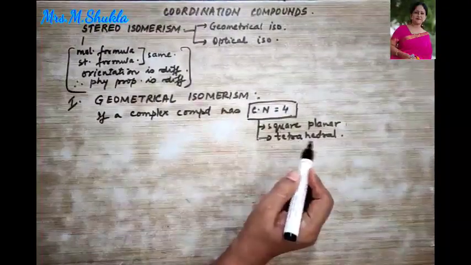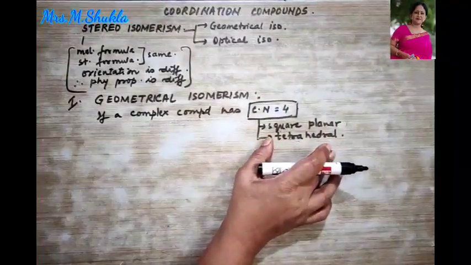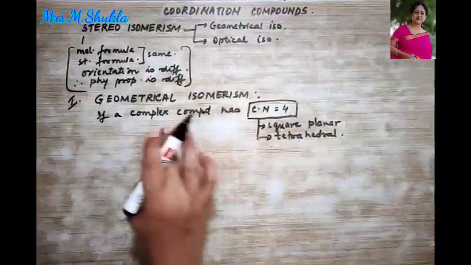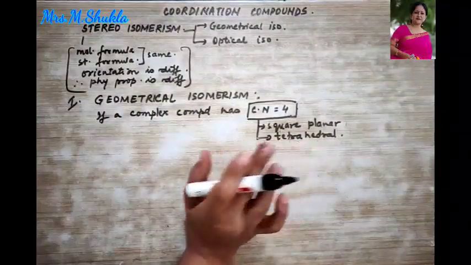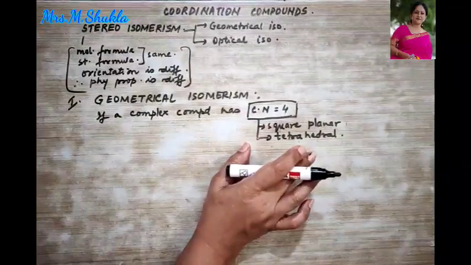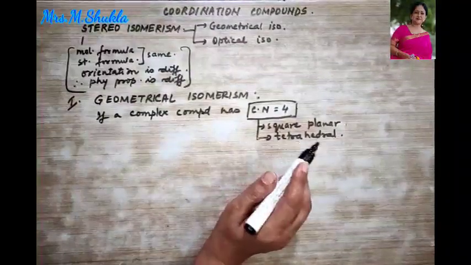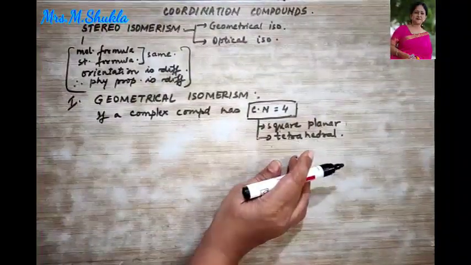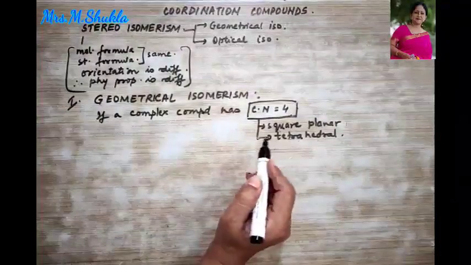Now firstly understand about tetrahedral structure. In tetrahedral complexes there is no geometrical isomerism found. Why so? Because all the bonds are at the angle of 109 degree 28 prime, and therefore the tetrahedral structures do not show geometrical isomerism. I hope this is very clear.